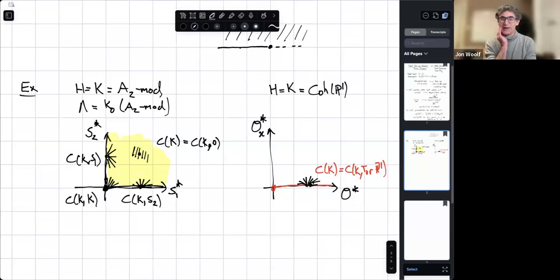And here's the point where I mutter some things about everything works much more nicely if you actually work in the Grothendieck group with the effective cones, so the cones generated by the classes of objects. And there, the dual, so we're in the dual picture, and the dual tangent cone really does look like a tangent cone to this effective cone.